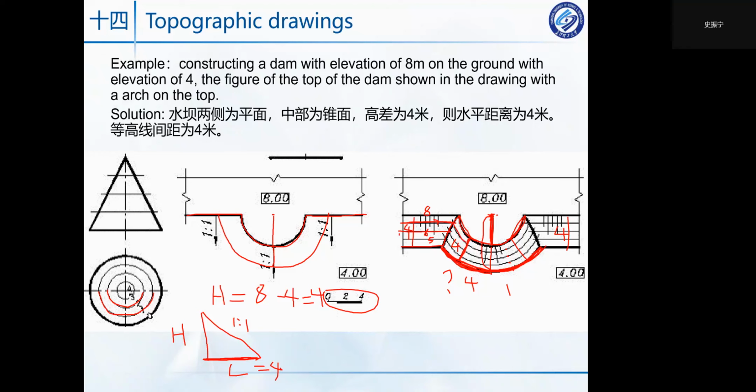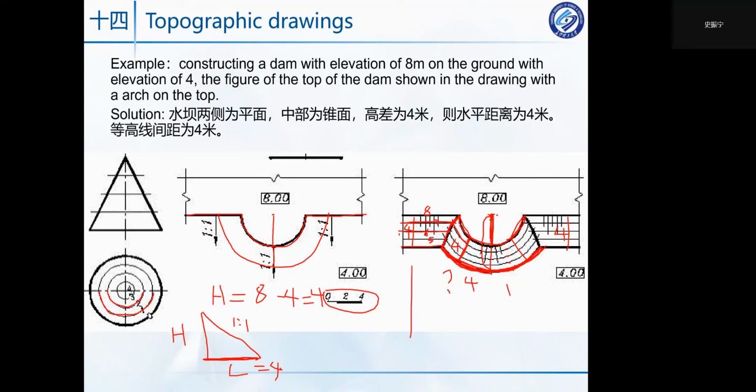But please remember, these points are not on the same line. So it is a curve. It is not a straight line.